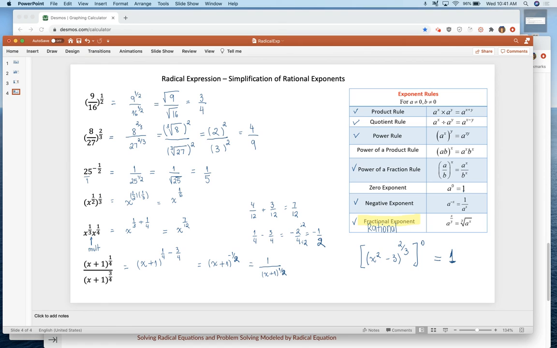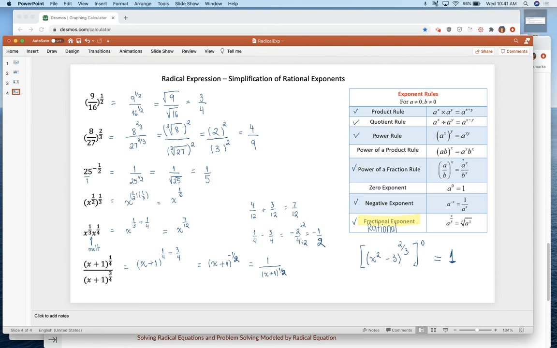This is an easy one that you have to remember. Anything to the power of 0 is always 1, regardless of what you have, even the most complicated expression. When you see a 0, immediately you put 1 as the answer.